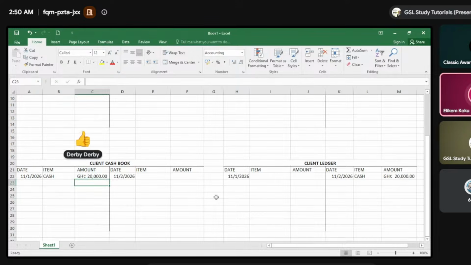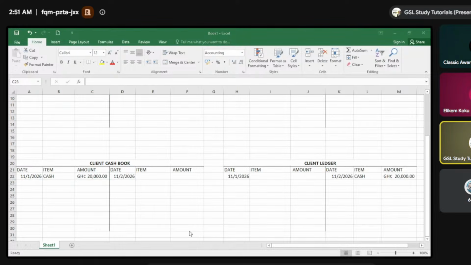I have a problem understanding how it affects the client. Okay, so please read November 15 for us. I want you to read it from your hand. Elikem, please read it from your hand. November 15. The law firm paid 3,000 cedis from Madam Fati's account. Please, I want you to take it in bits for me.